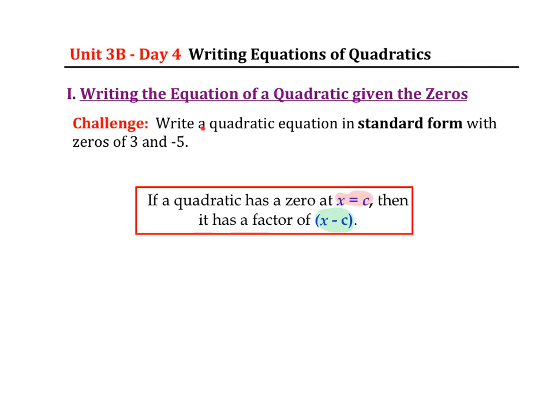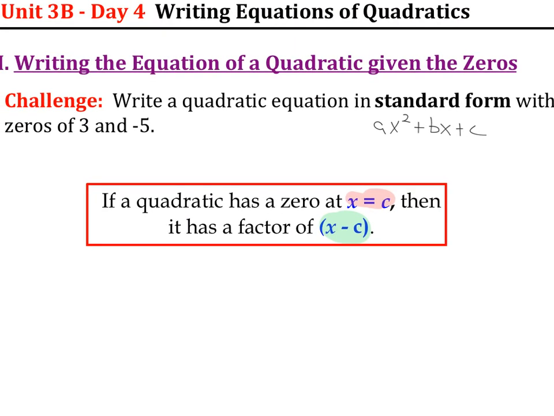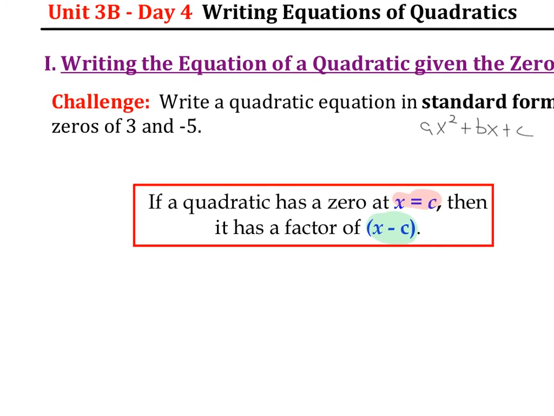So what we're asked to do here is write a quadratic equation in standard form. So standard form, in case we forgot, and it's okay if you did, is ax squared plus bx plus c. Now they're telling us that we have zeros at 3 and negative 5.